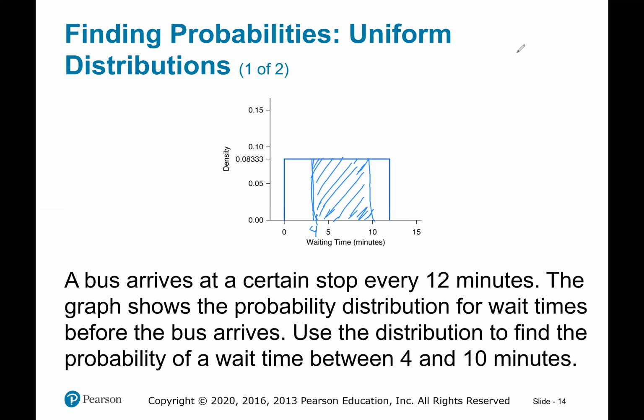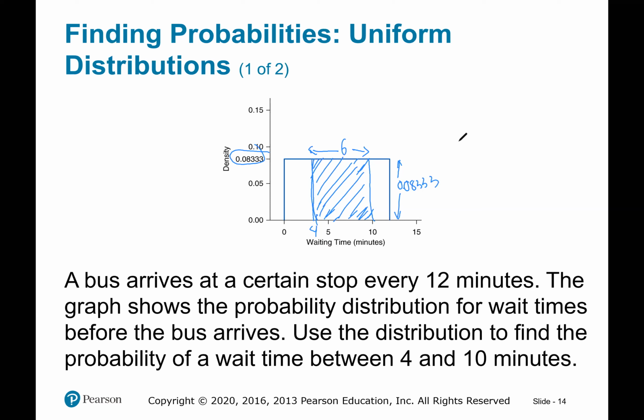Now I make a rectangle with one side from 4 to 10. What is the distance from 4 to 10? It has to be 10 minus 4, which is 6, right? And the other side is the same as from 0 to 0.08333, so I put 0.08333.